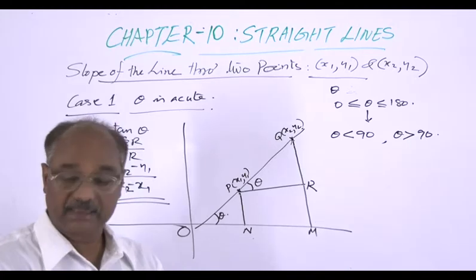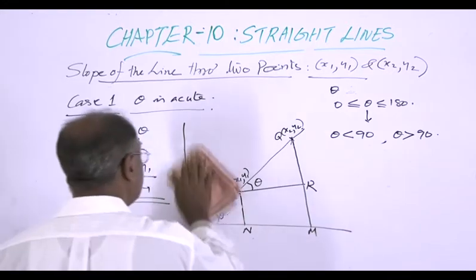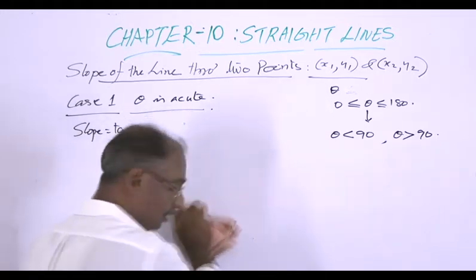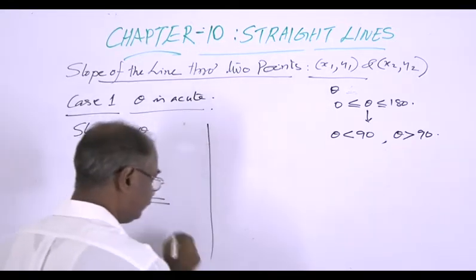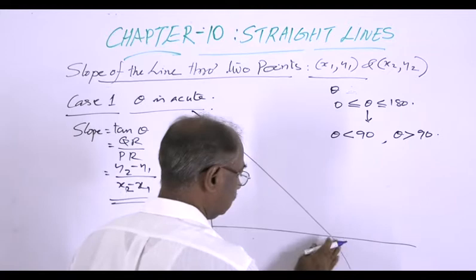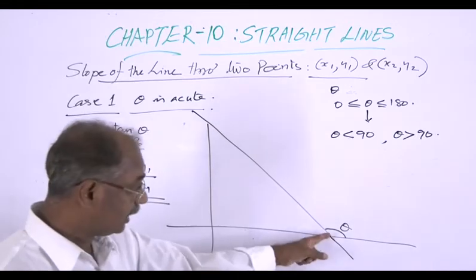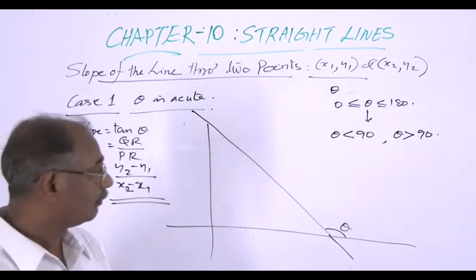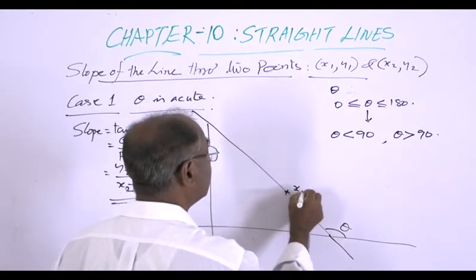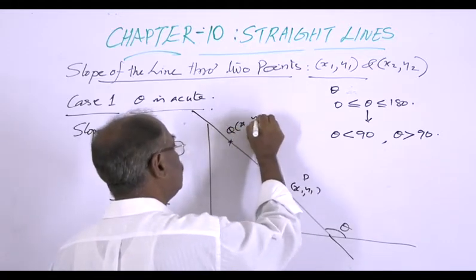And now consider the second case, which is theta is obtuse. Consider the x-axis, y-axis, and this line. Theta is this angle, which is obtuse, greater than 90. In this case also, suppose this point is x1, y1, which is P, and this point is Q, x2, y2.